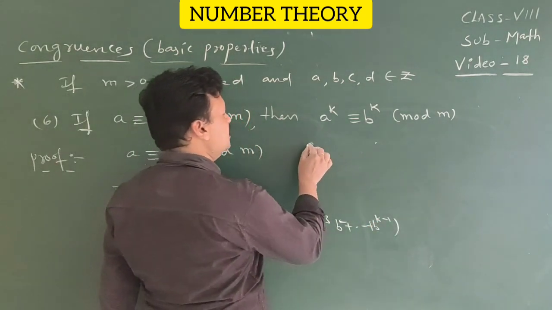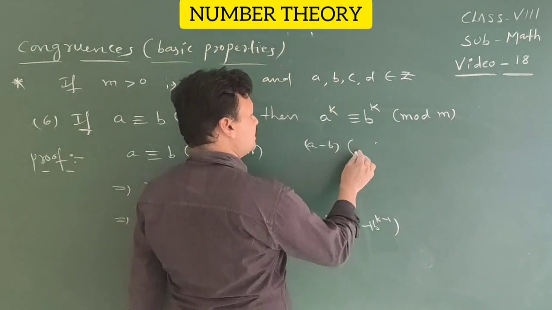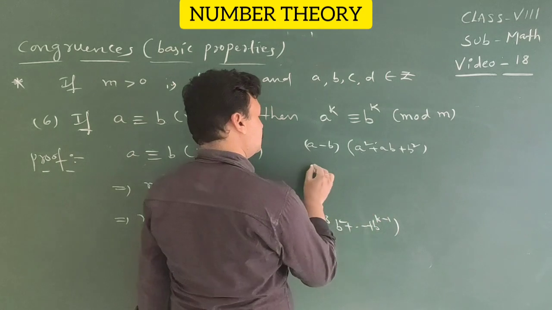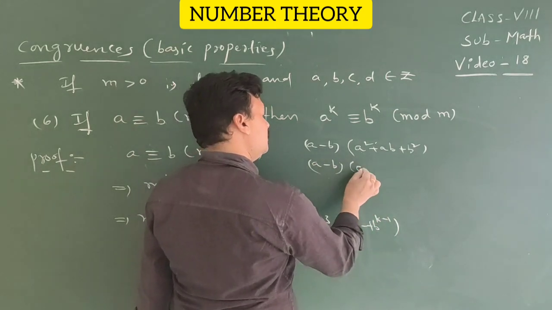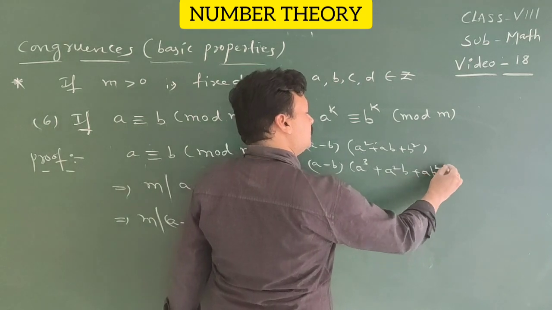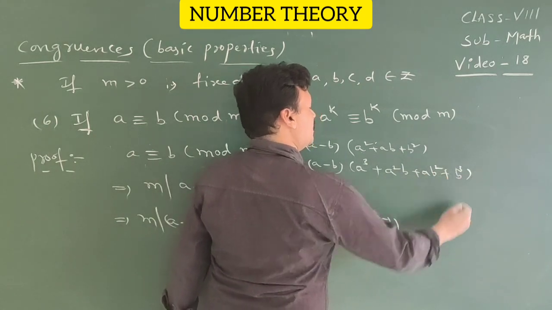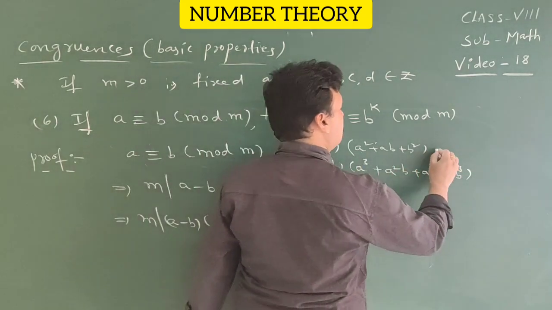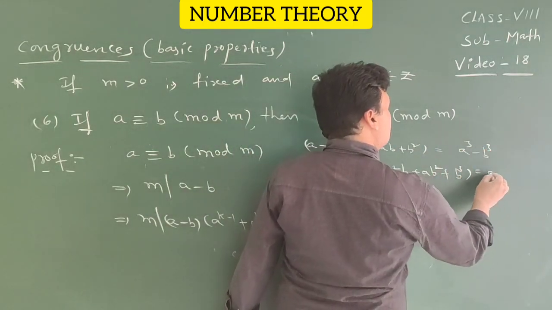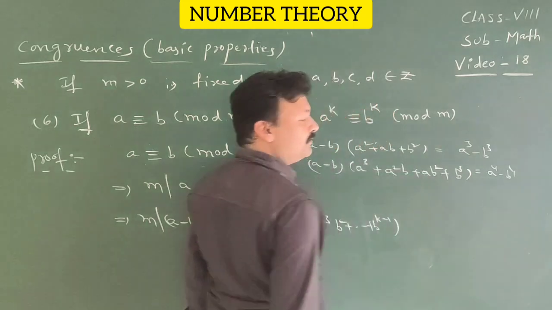Here, for understanding, A minus B into A square plus AB plus B square. So A minus B into A cube plus A square B plus AB square plus B cube gives here A cube minus B cube, here A power 4 minus B power 4.